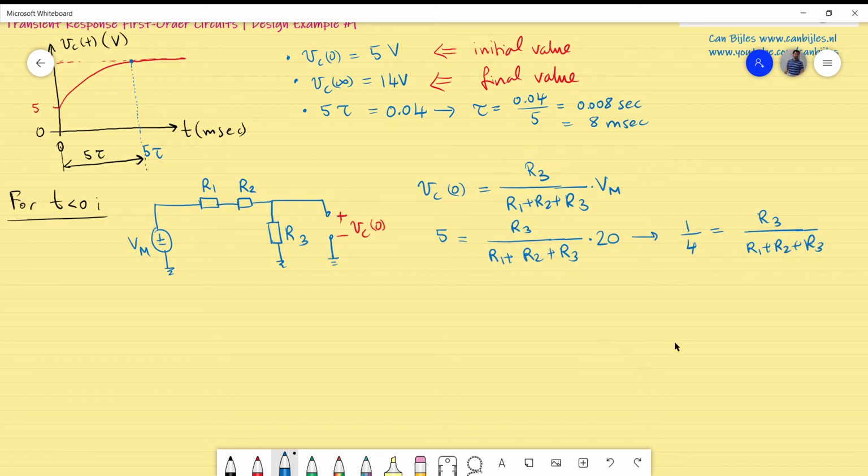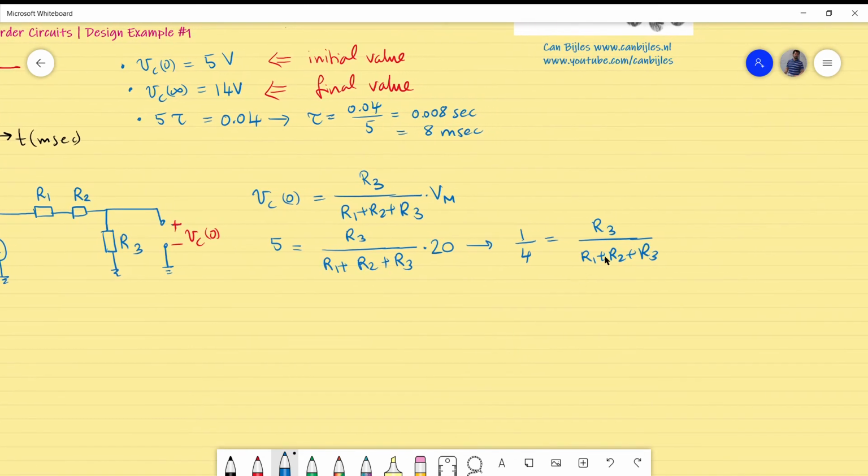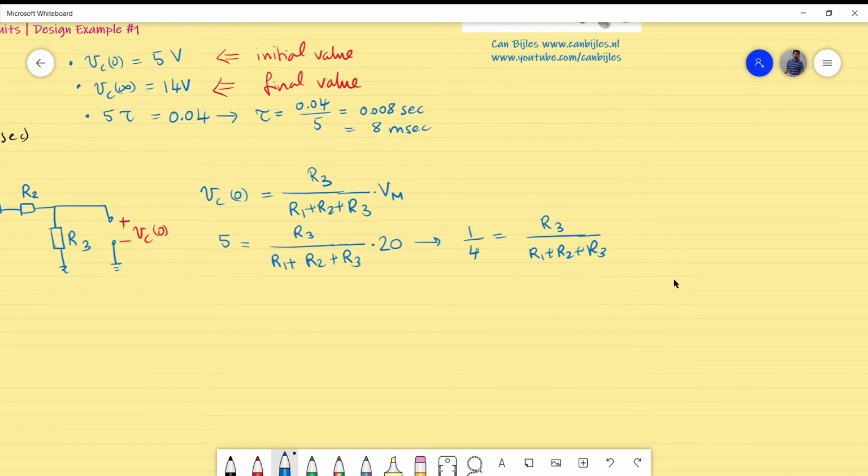So if I rearrange this again, I can cross multiply, so I can do 1 times this, R1 plus R2 plus R3 is equal to 4 times R3, and that will give us the following: R1 plus R2 plus R3, that will be 4 times R3.